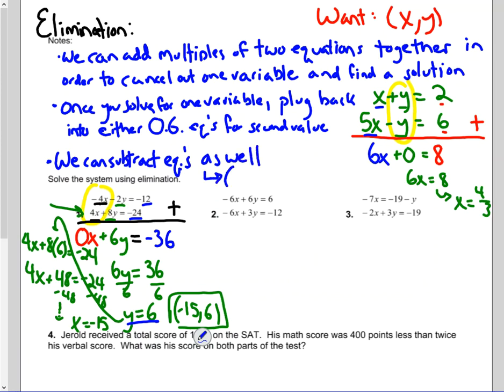Note that this is the same as adding, or the same as multiplying that one equation by 1 and then by negative 1 and then adding. Same as multiplying by negative 1, and adding.